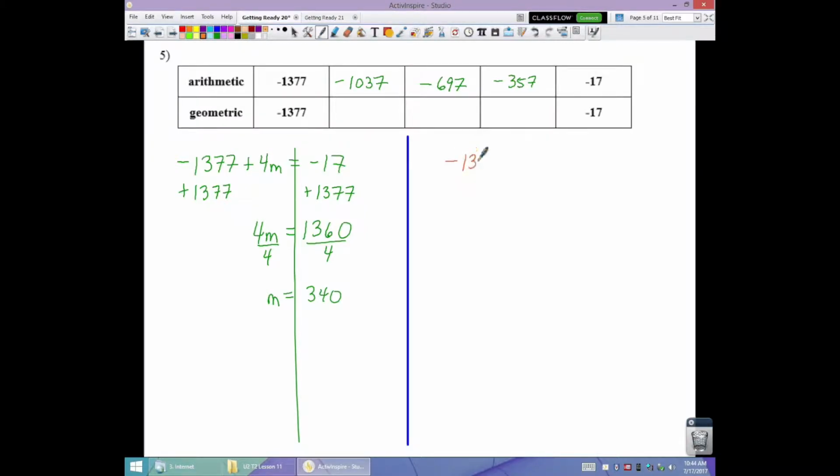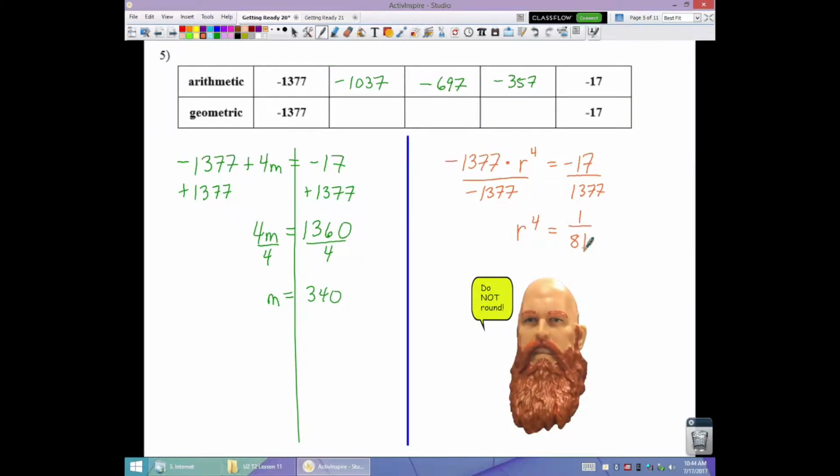Last geometric one, negative 1377 times r to the 4th equals negative 17. So we're going to divide both sides by negative 1377, leaving us r to the 4th equals, now again, it's really, really important you do not round. This needs to be 1 over 81.